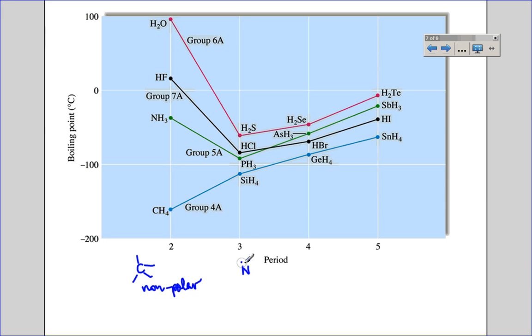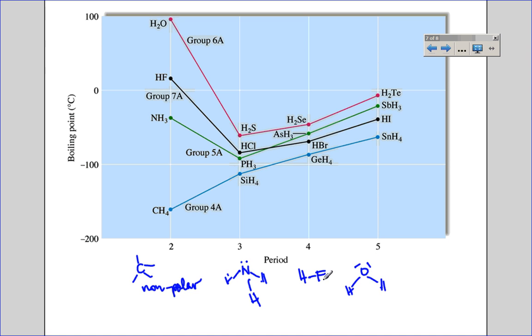For the rest of these molecules, NH3, H2O, and HF, we are dealing with families of molecules that are all polar. The group with NH3 are pyramidal, HF are just small diatomic molecules, and H2O and its family are bent.